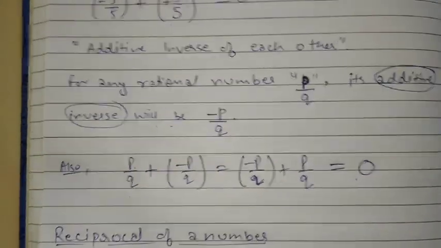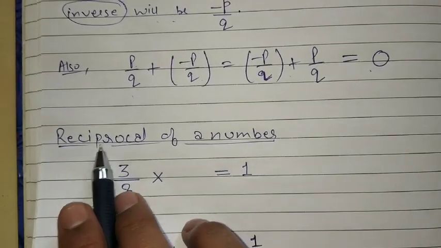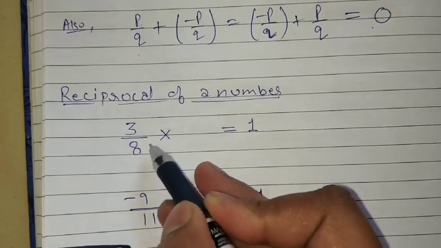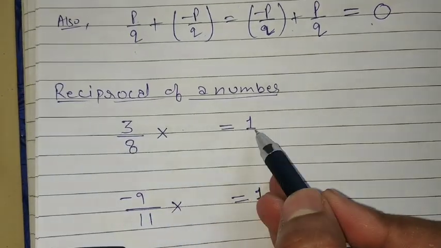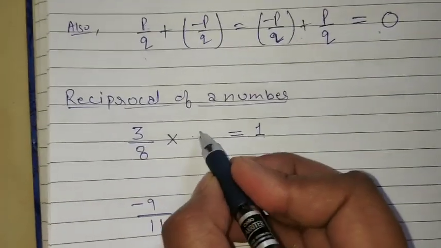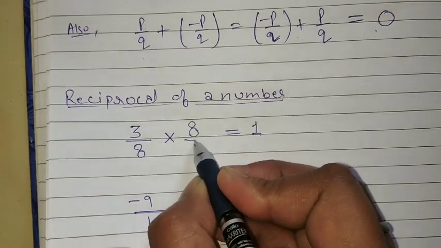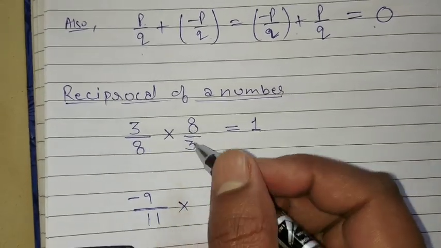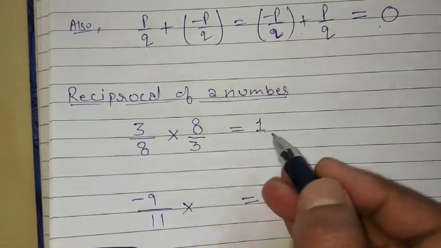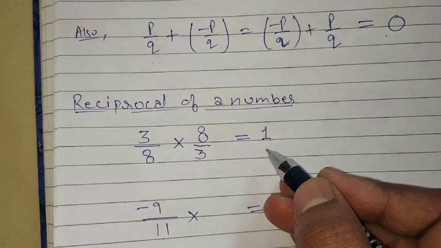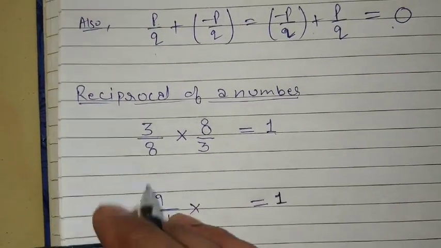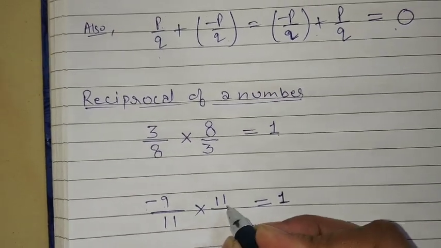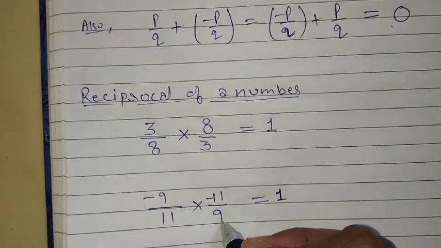Now the next property is reciprocal of a number. Now can you tell me by what number should I multiply 3 by 8 to get 1? Obviously this will be 8 by 3. This is the only number which when multiplied by 3 by 8 gives 1. Similarly minus 9 by 11, here we can multiply this by minus 11 by 9.